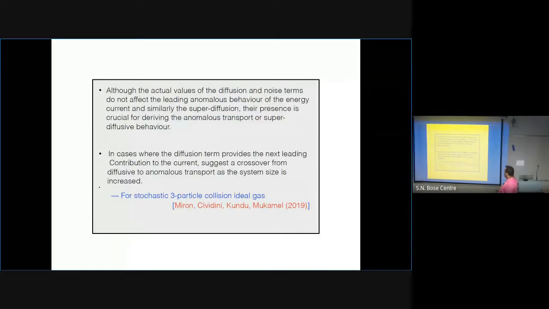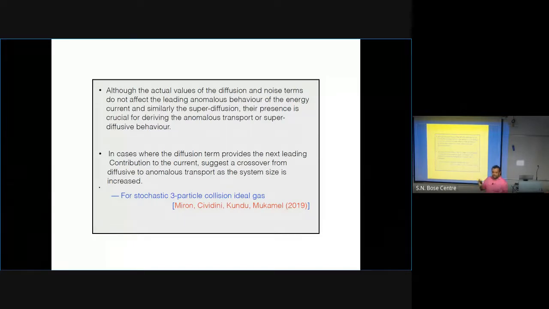So these are some general comments. Although you have to add the diffusion and noise terms into the formalism, they don't affect the leading anomalous behavior. It makes the assumption that there is a local equilibrium picture which evolves. You cannot make that assumption unless those terms are there.